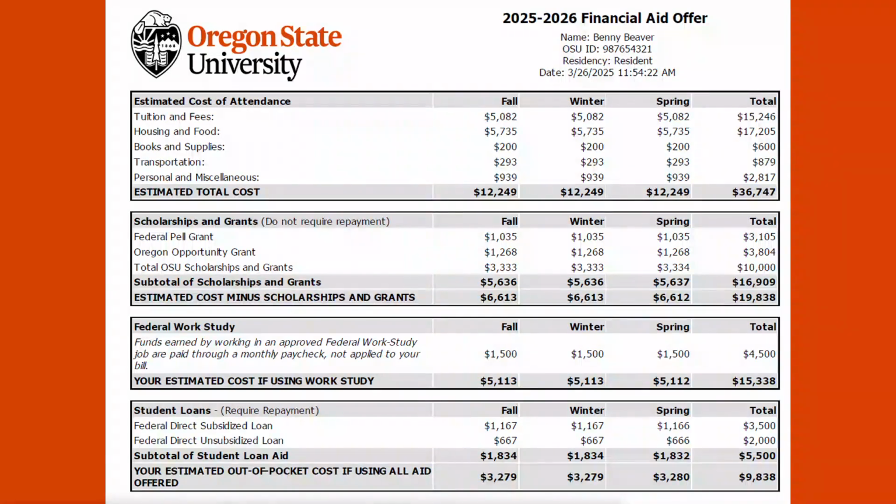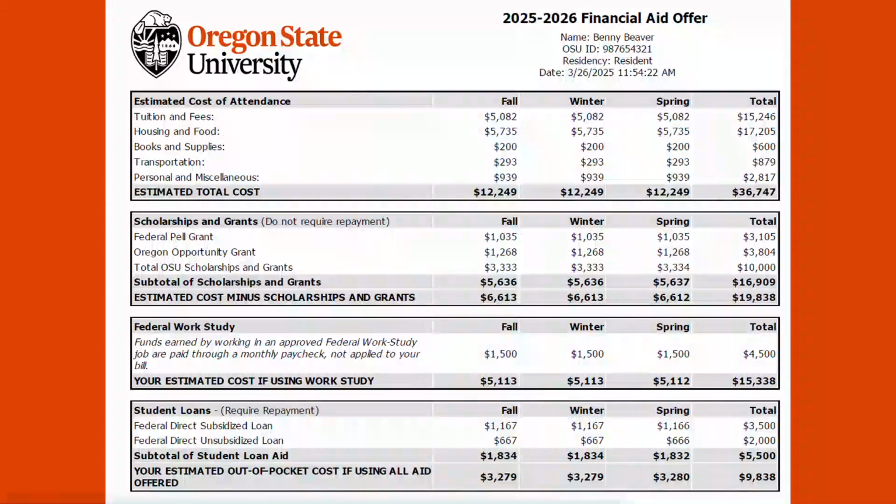One thing that's unique with work study is work study funds are not automatically applied to your OSU bill. So any grants and scholarships and student loans and most types of aid will be applied directly to the charges on your OSU account balance. Work study funds, however, will only be paid to you in the form of the wages that you actually earn.